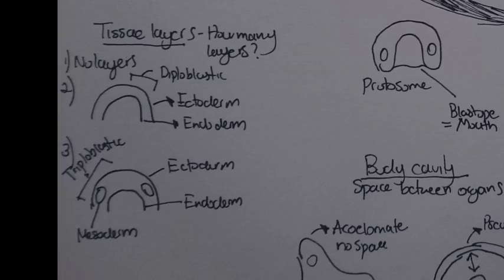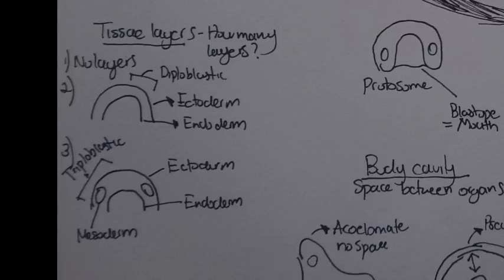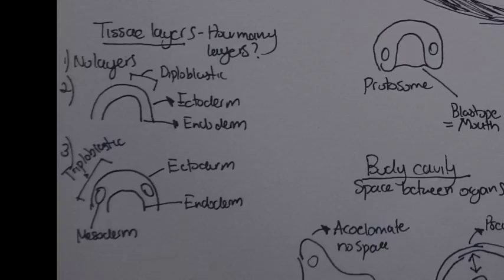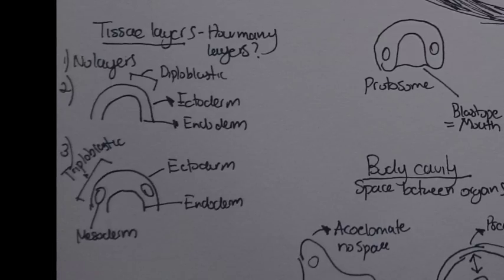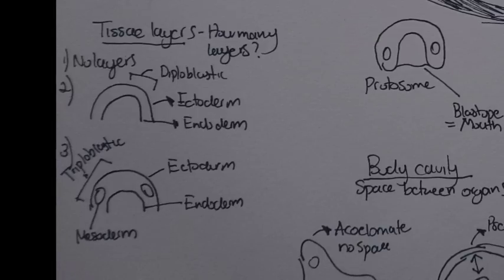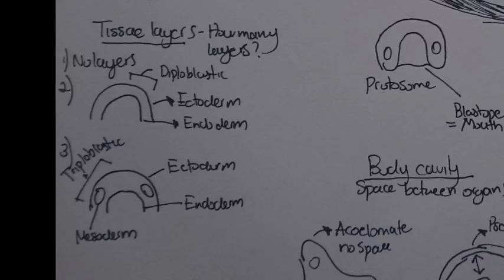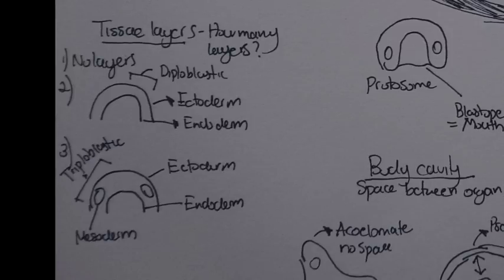And then there's the tissue layers, so how many tissue layers they have. And obviously this is in embryonic cell form, so when they're in the female body growing. So absent, they have no layers of tissue at all, so periphera. Diploblastic, they have an ectoderm and an endoderm.